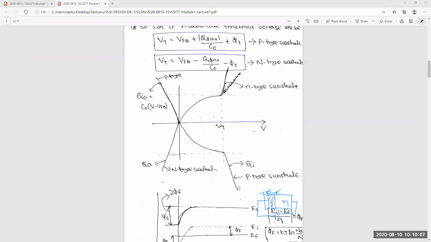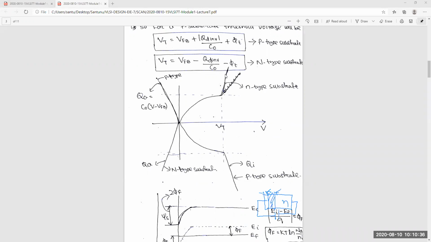But for an n-type semiconductor, it will be exactly a mirror image of this. At accumulation, this will increase. Again, this type of shape you will get during the depletion region, and during inversion the slope is the same as in the accumulation region.